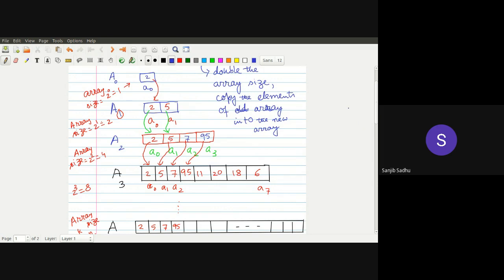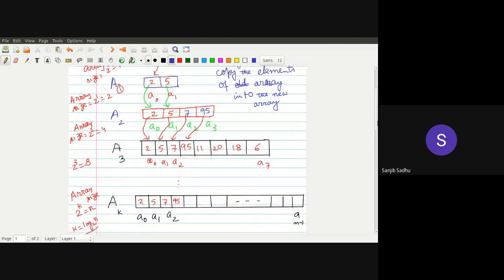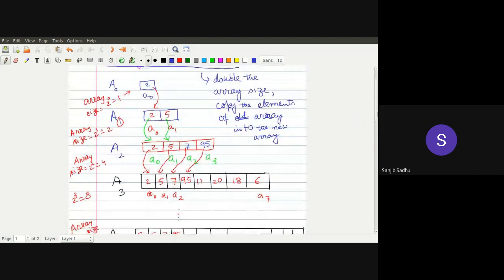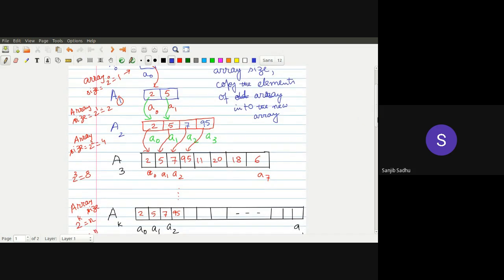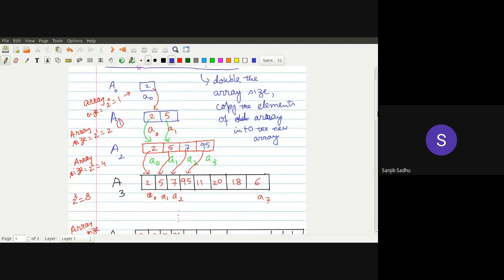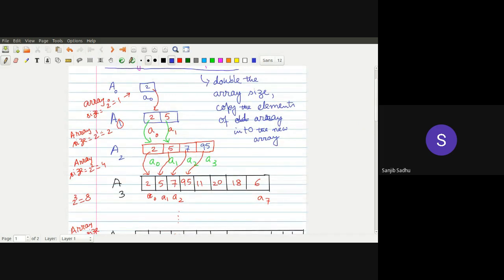Okay. So if I would like to compute the amortized time complexity, you see what the method is doing: we are just copying the elements from the array cells and putting them in the next array levels. Then again I am accessing these 2, and I am copying these 2 from a1 to a2, and I am copying 5 from a1 to a2, clear the array a2, and then I am storing the new elements 7, 9, 5 as shown in the figure.